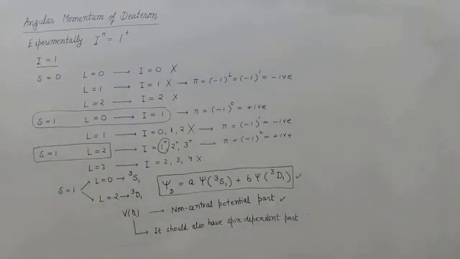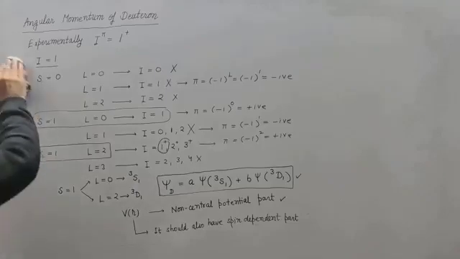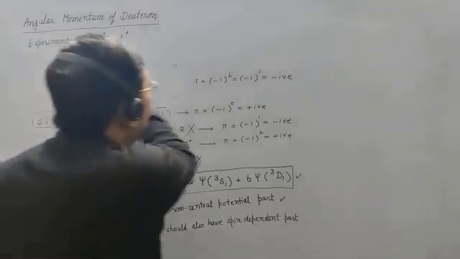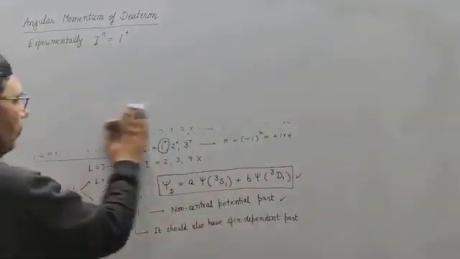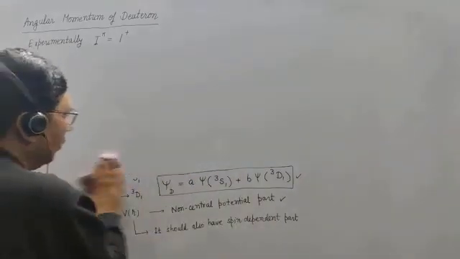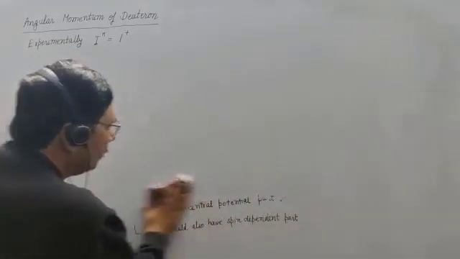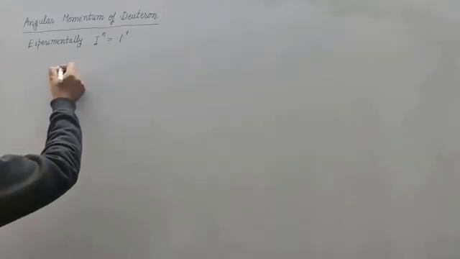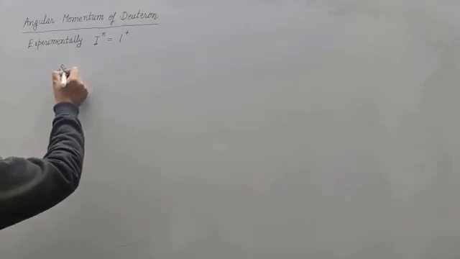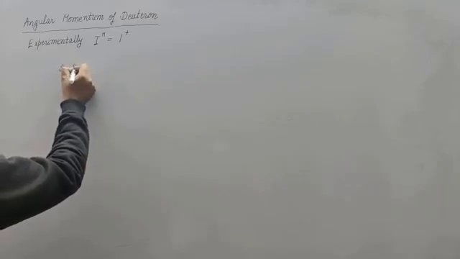So now we want to construct this spin dependent part of the potential. For this, first we have to calculate the value of sp dot sn, because if there is a spin dependency, then that spin dependency will depend upon sp dot sn.